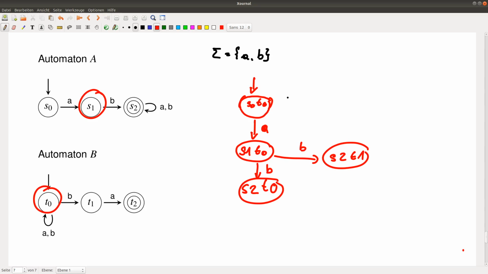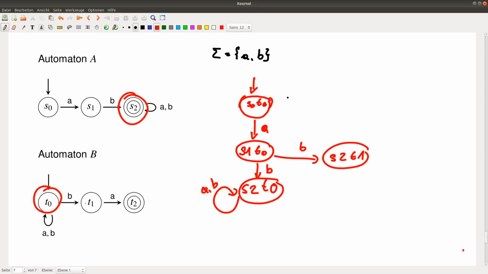Okay, so which state do we handle next? Let's handle next S2 T0. What can we do here? If we have an A or a B, we can stay here, because with A or B we stay in S2, and with A or B we stay in T0, so we have AB here.